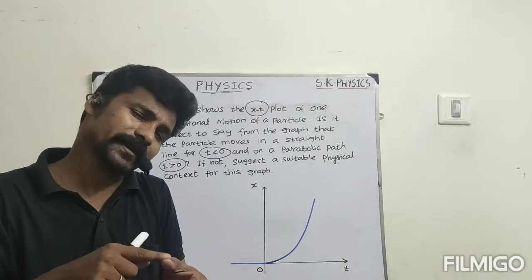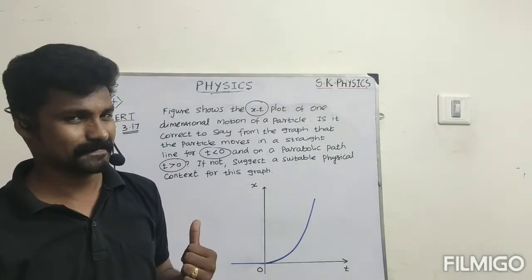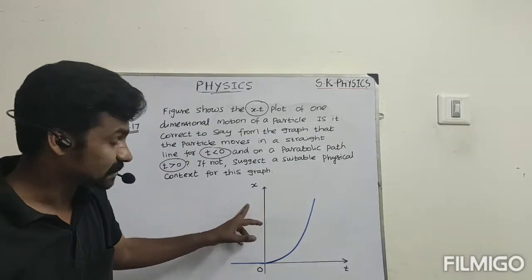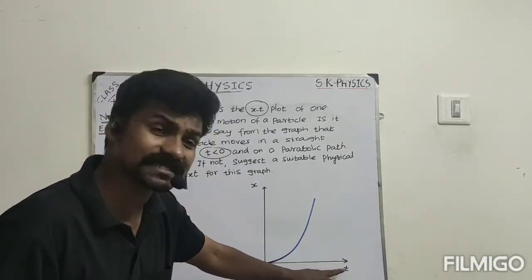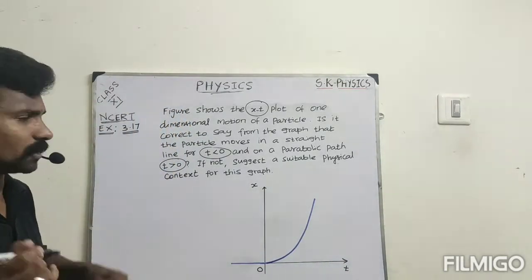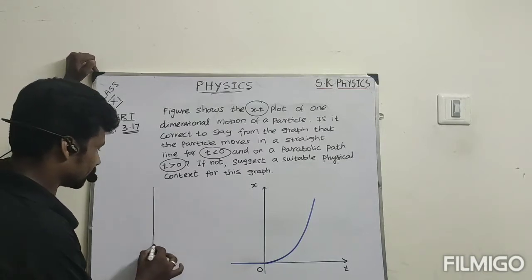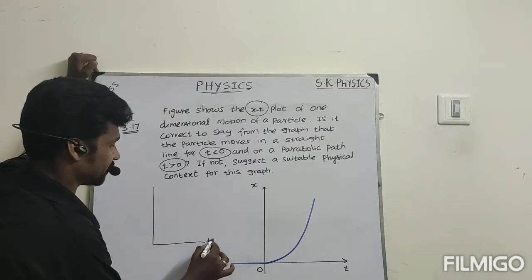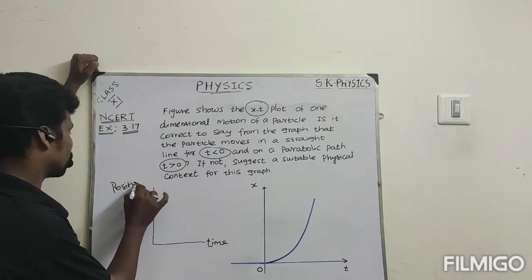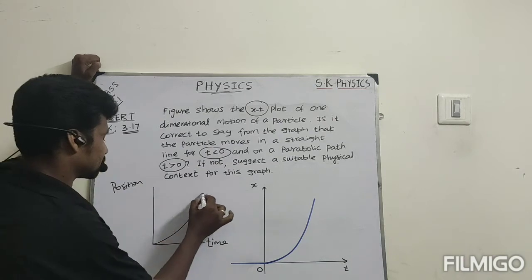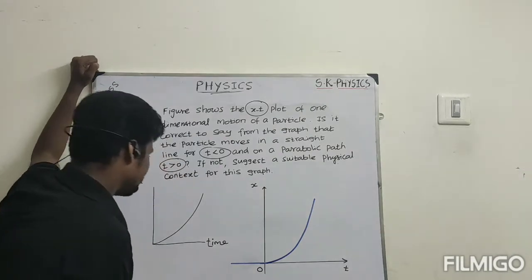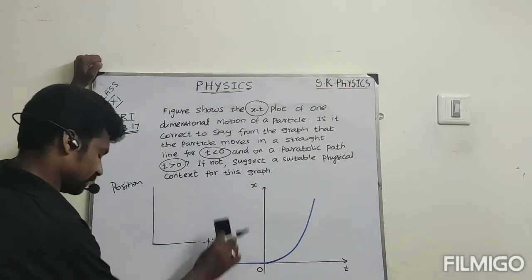So it is not parabolic motion, then what is this? See that in the graph the x-axis is time period and the y-axis is position. Okay, listen, see this, for example, the x-axis is time, the y-axis is position. So the graph is like that. Okay, right, or otherwise this is actually given in the graph.